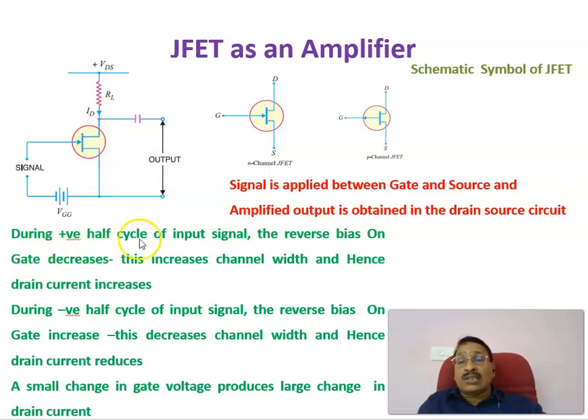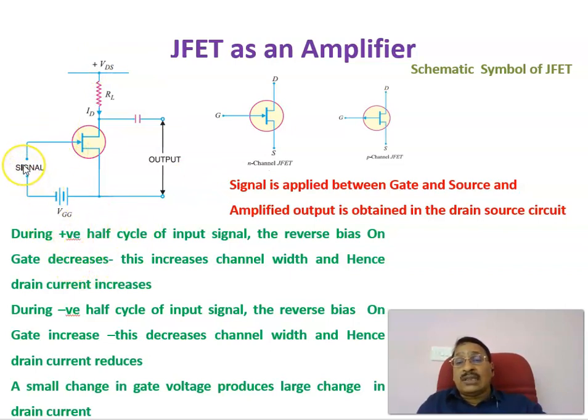Now, the input signal is applied here, and the output signal is available from the JFET here. This is the biasing voltage VGG, and here VDD is the drain to source voltage; these are the biasing voltages.